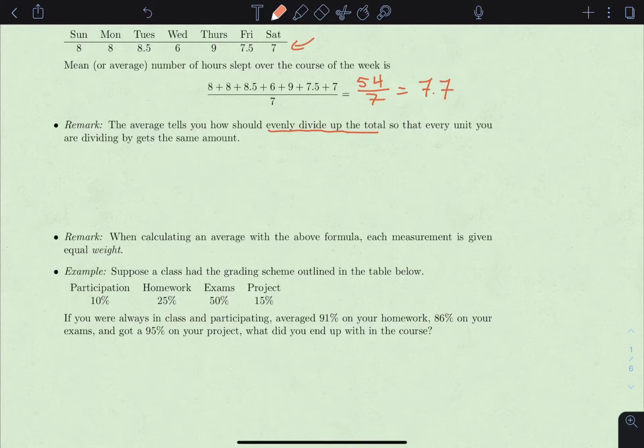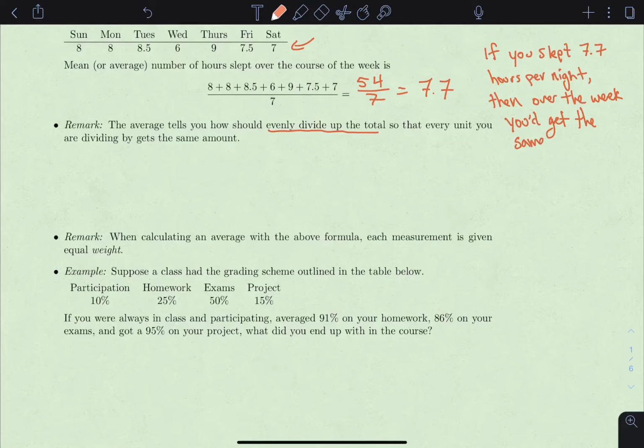If you sleep 7.7 hours per night, then over the week you get the same total amount of sleep, the same total number of hours.